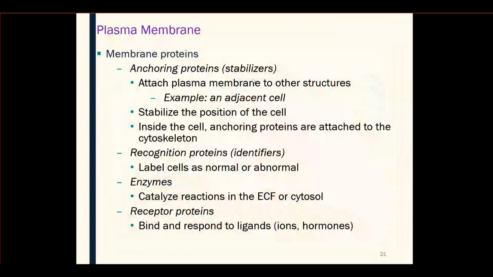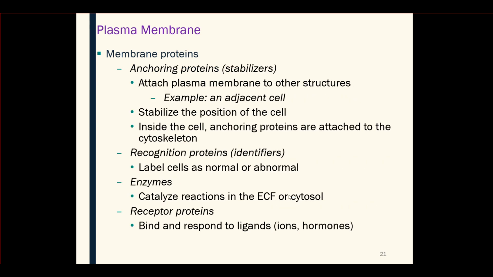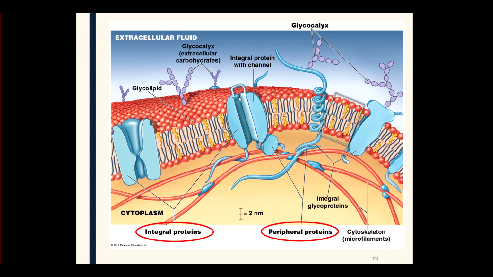Okay. Now, some channel proteins are not just an open tunnel. The tunnel will close and then open. These we call gated channels, right? These are channels which can open or close to regulate the passage of substances. So let me show you that. So here's just a channel that's open. This would be like if you were driving on a highway and there was a bridge, right? You could just kind of go over the bridge from one side to the other.